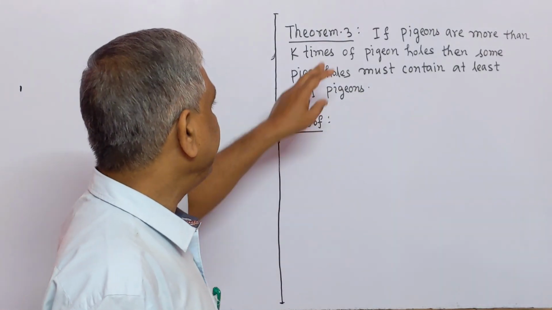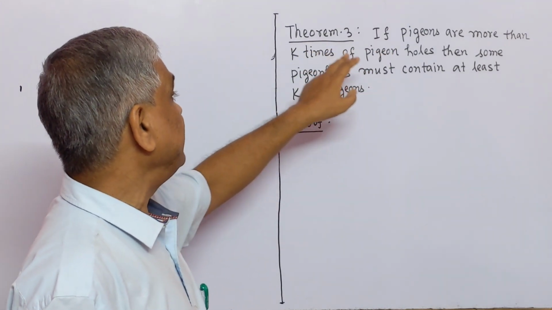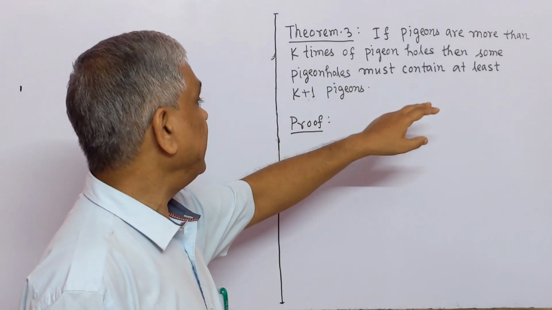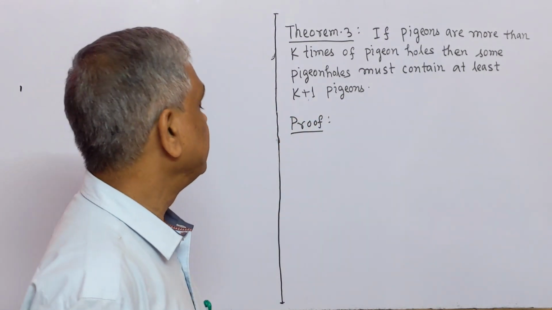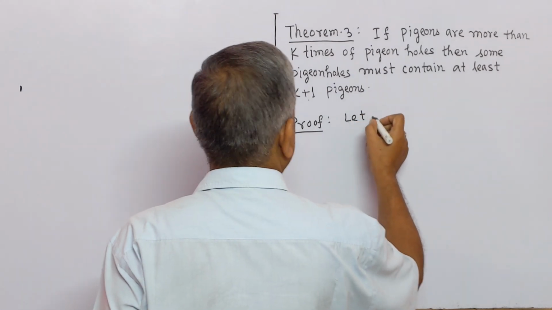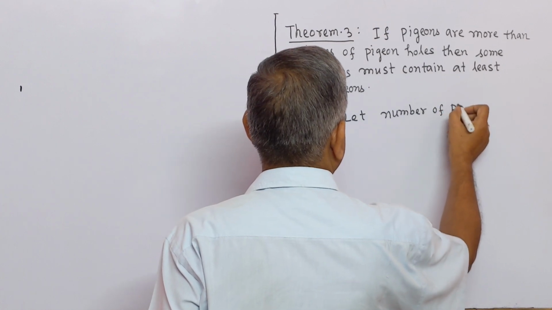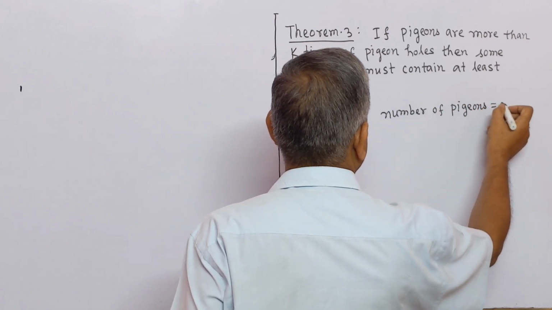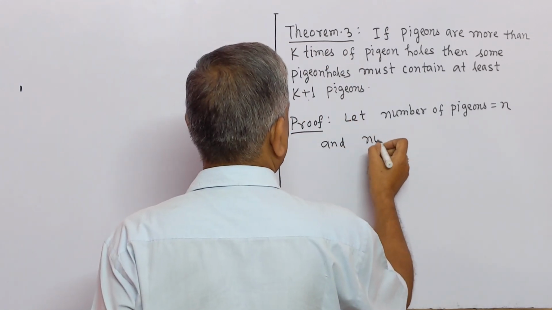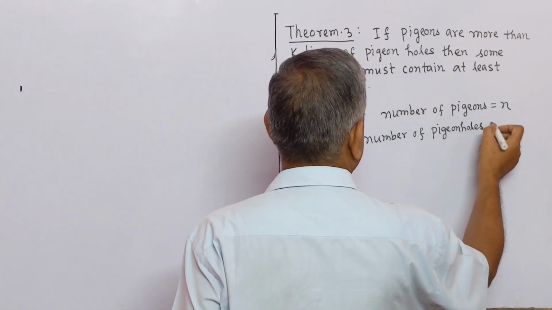Now we prove theorem number 3. Statement: If n pigeons are more than k times the pigeonholes, then some pigeonhole must contain at least k plus 1 pigeons. Proof. Let the number of pigeons equal n and the number of pigeonholes equal m.